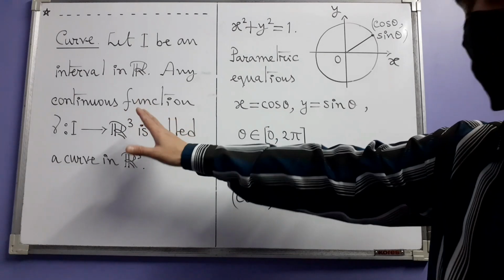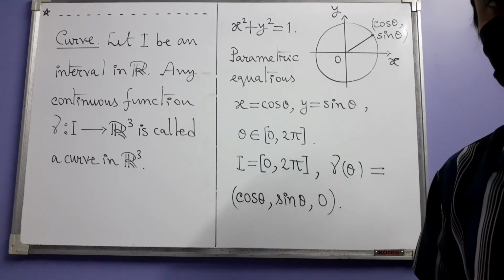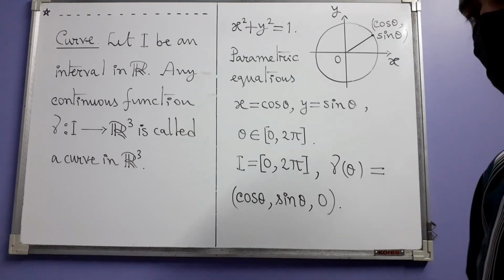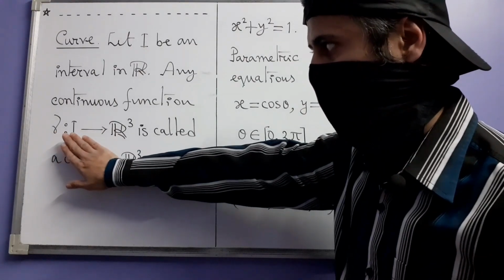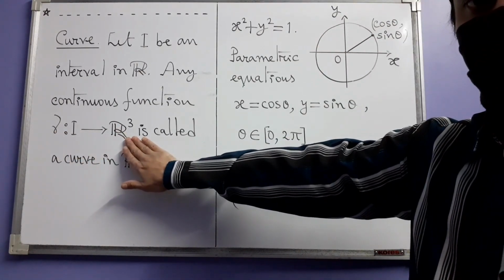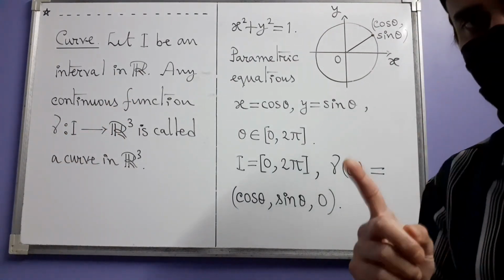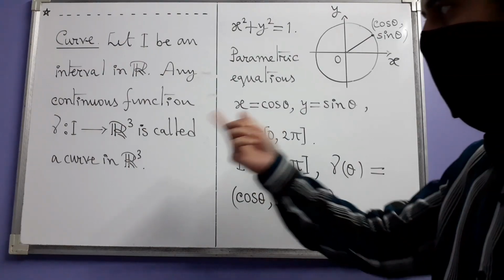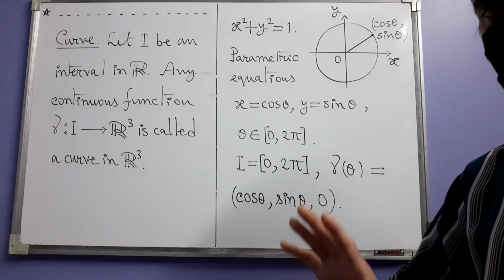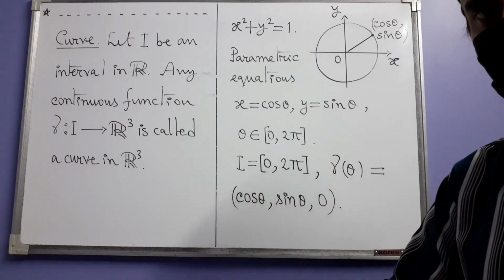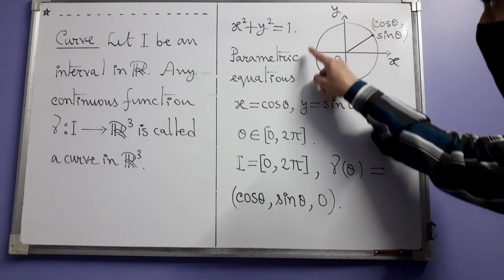I won't go into too much detail about that, but I will just tell you that there is an area of mathematics called topology, where there is a result which tells us that if we have a function from one space into another space, which is continuous, and the first space is in one piece, that is, it's connected, then the image of the first space under the function will also be in one piece. It will also be connected like this.